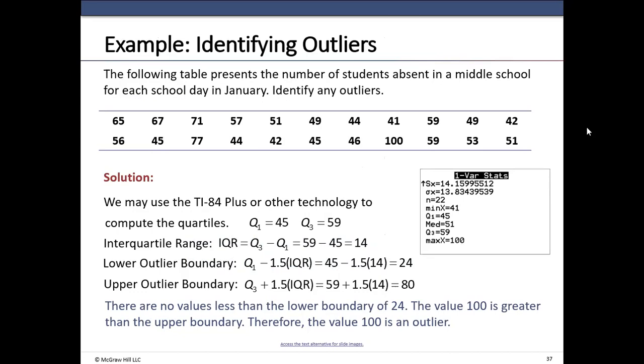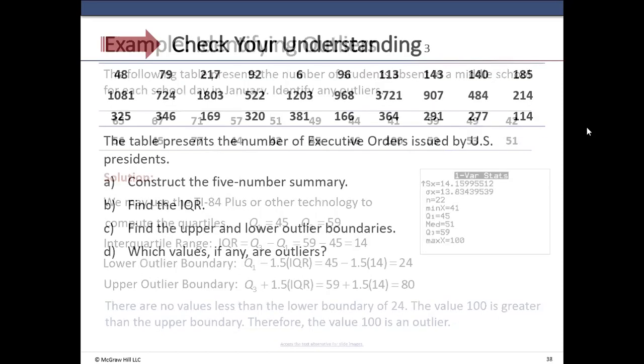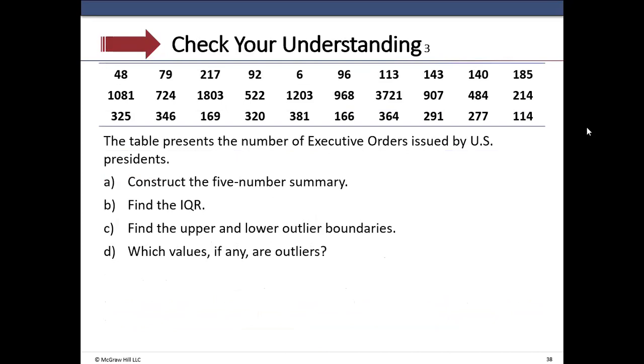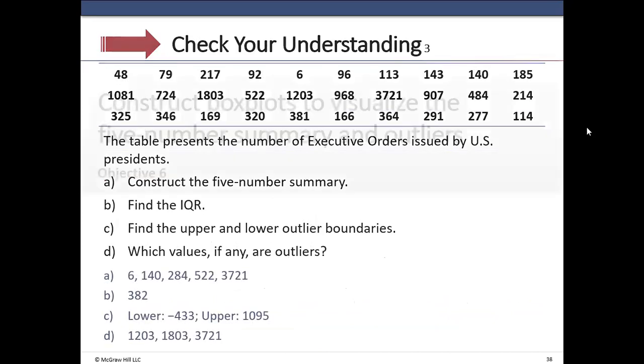And the upper outlier boundary is 59 plus 21, which is 80. Then we look for numbers which are smaller than 24. It looks like there's no number smaller than 24. Is there any number greater than 80? Yes, 100. So 100 is an outlier. And we can do these calculations. I will not do it now.